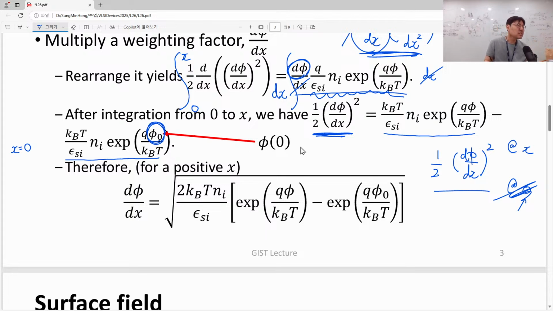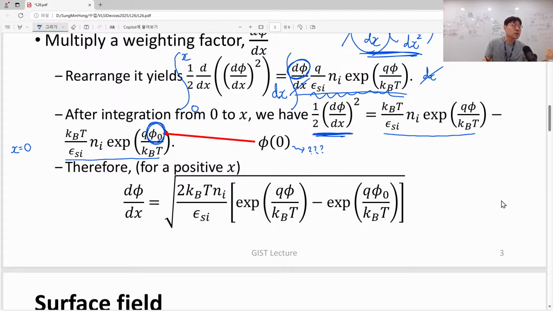What is it? Do we have any idea about this value? So actually not. Please think about the case in our planar MOSFET. If we follow the planar MOSFET case, quite similarly, we have the expression like phi equal to infinity.